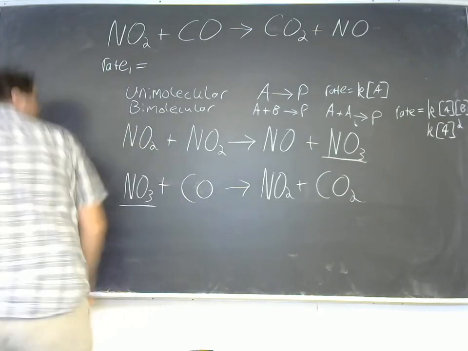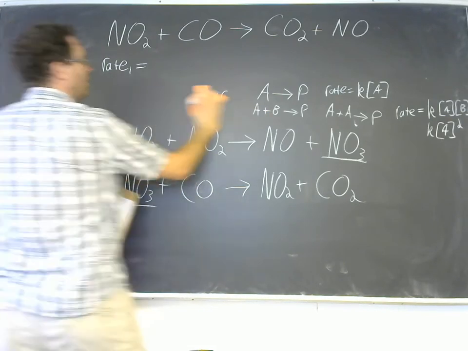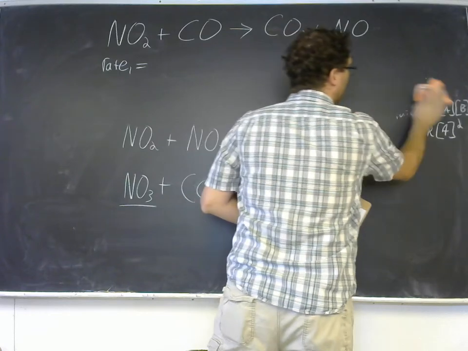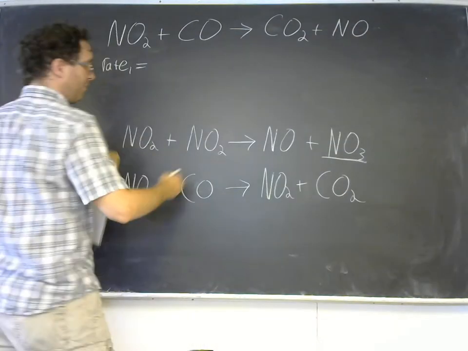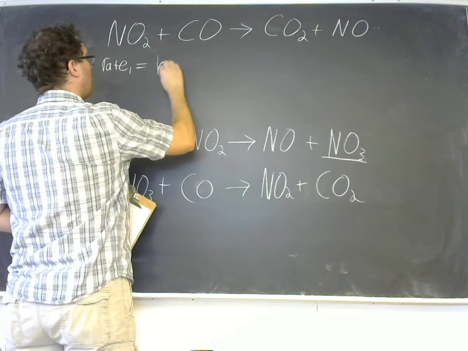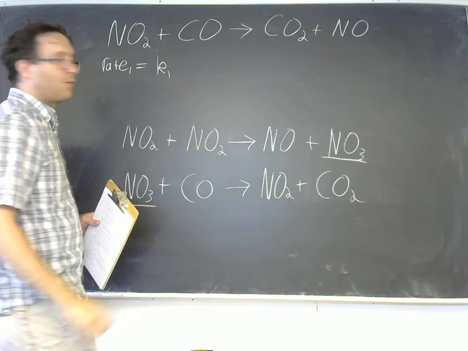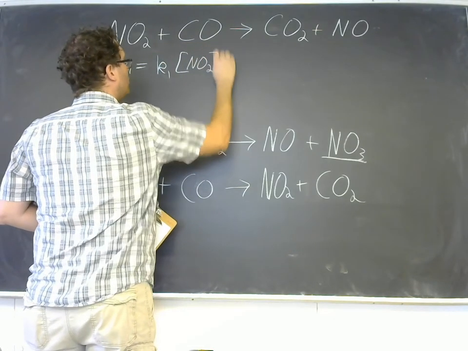So if those are the forms of the rate laws, then we can talk about the rates for each of these two steps. So rate 1 is going to equal k1. It has its own rate constant times [NO2] squared.